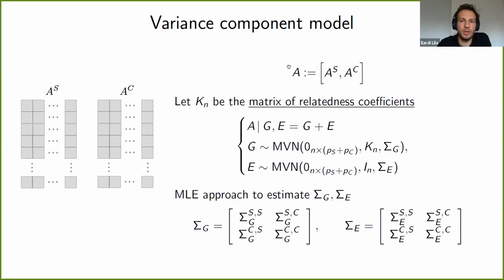So you put them in a matrix A next to each other, which is n times 20, say, so 10 descriptors of shape and 10 descriptors of connectivity, and you try to separate the genetic contribution and the environmental contribution. And you get some estimates of the correlation structure due to genetic sources and environmental sources.